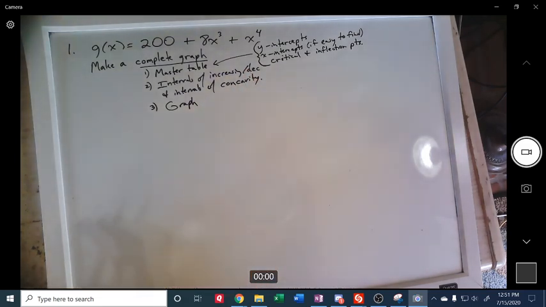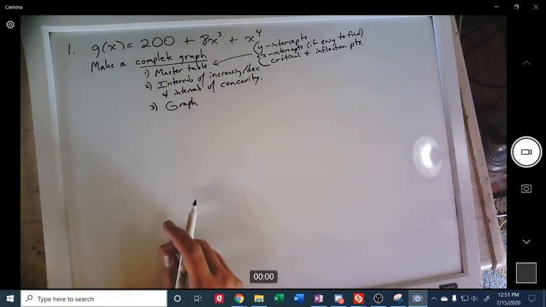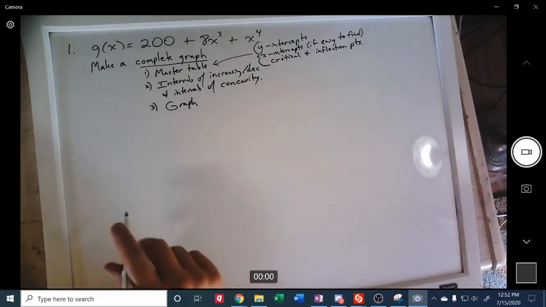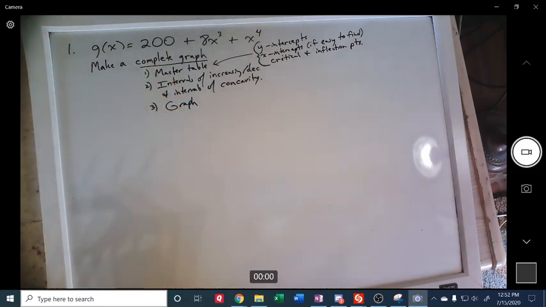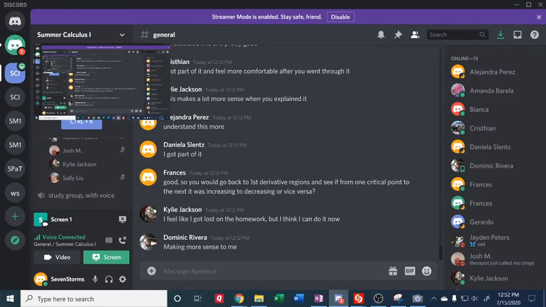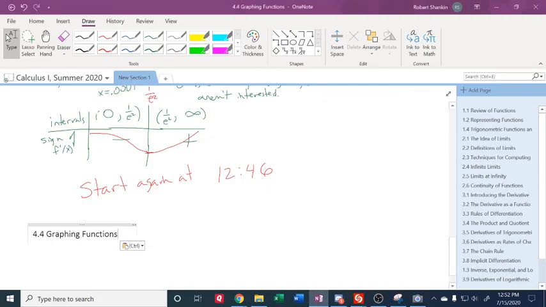And you're not to look at a graphing utility during it. So let's go ahead and get going on making a complete graph for this function.